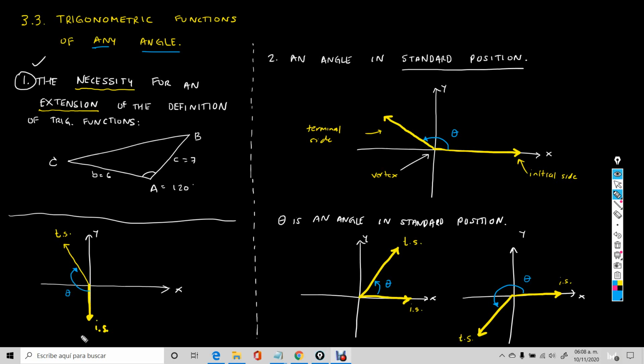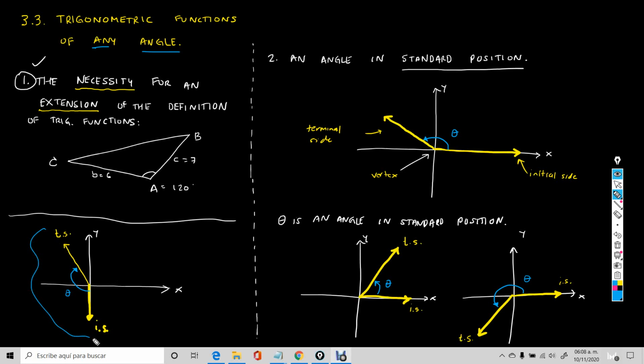Okay, so look at this angle. Its vertex is at the origin, perfect, but its initial side lays along the negative y-axis, you see? And then the angle rotates in this direction. This is its terminal side. There is nothing wrong with this angle. This is a perfect angle. It's just as good as this one.